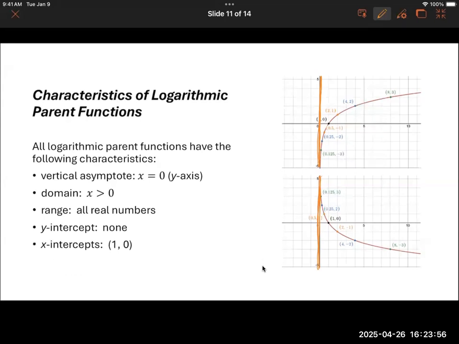And the x-intercept now is the switched point from the y-intercept on the exponential, which is the point 1, 0. So those are characteristics for all parent functions. And again, what you're seeing is just a reflection of the exponential graph through the y equals x line.